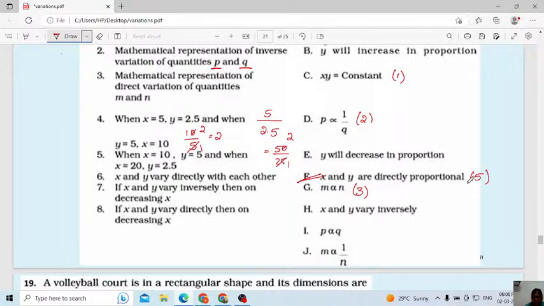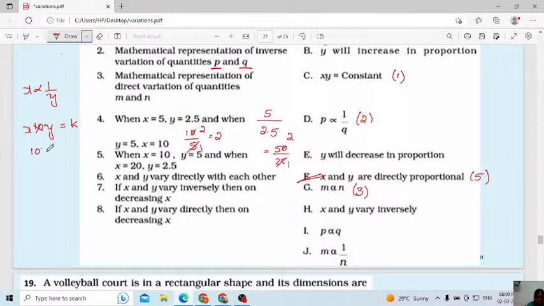This is the fifth one. Then like that only, try the next one. The x is 10. 10 5s are 50. 20 into 2.5. For the fifth one, what is the answer? Try: x is inversely proportional to 1 by y means x by y will be constant.